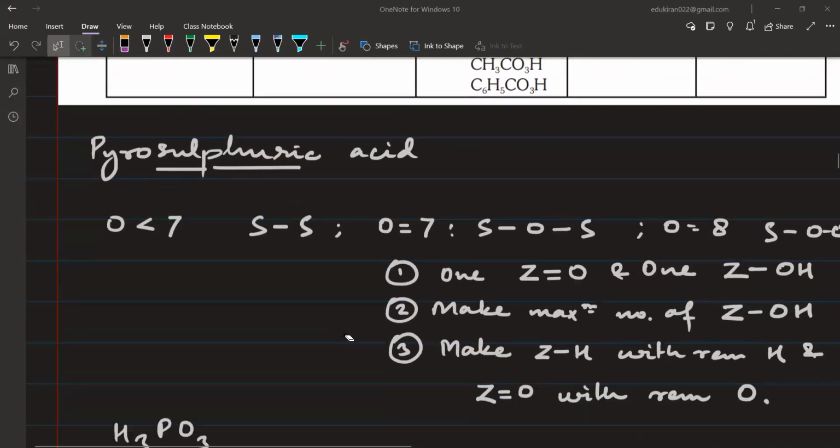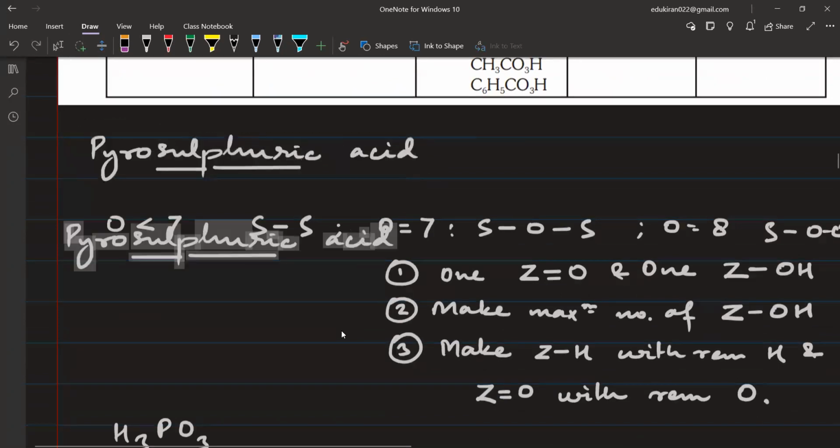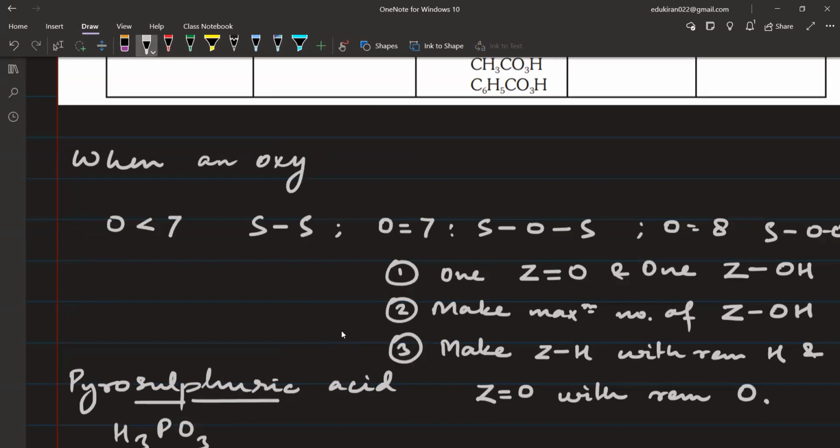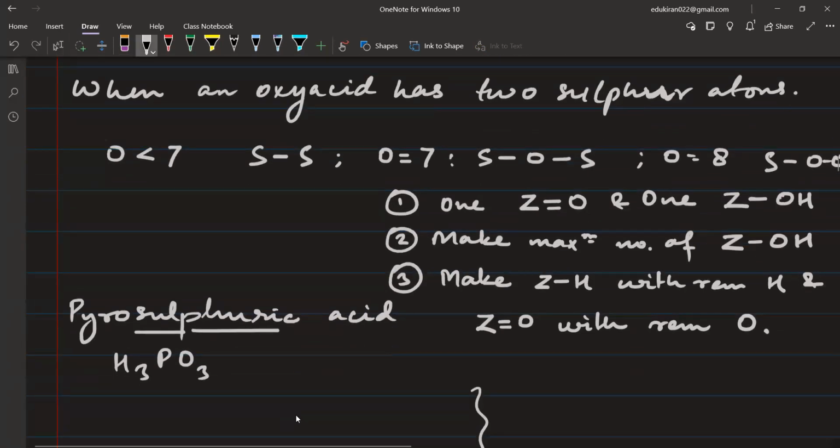Before doing pyrosulfuric acid, यहाँ पे आप लिखिए when an oxy acid has 2 sulfur. ठीक है, जब ऑक्सी एसिड के पास क्या हो, 2 सल्फर एटम हो और the number of oxygen is less than 7, तो आपके पास कैसा बॉन्ड होगा, SS बॉन्ड होगा.